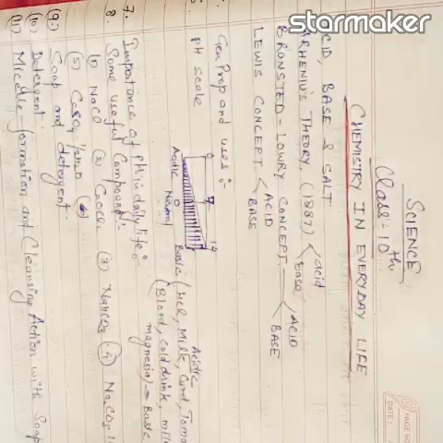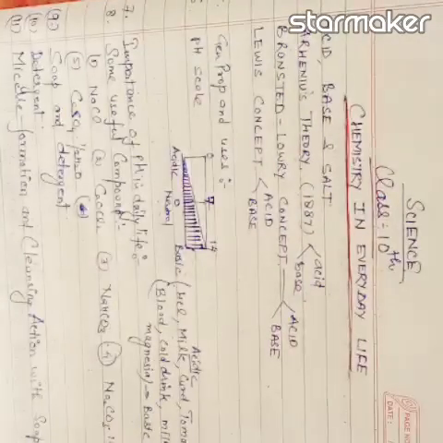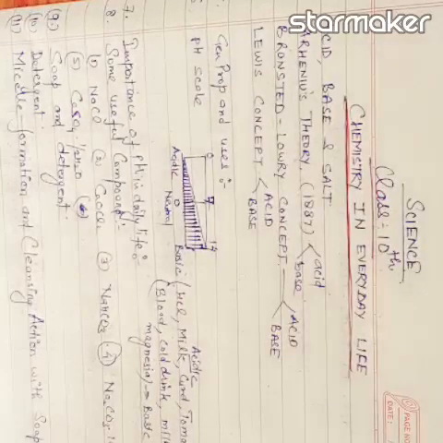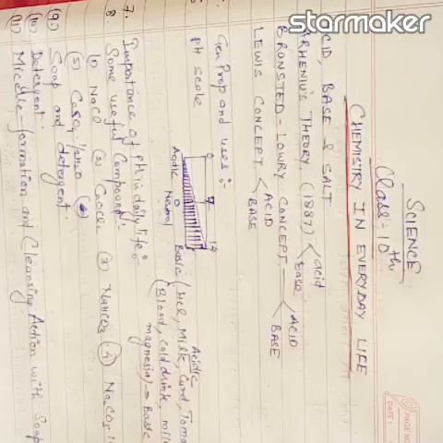According to Lewis, who propounded his theory in the year 1923, acids are those substances which accept an electron pair, and bases are those substances which donate an electron pair. It's very simple and acceptable.